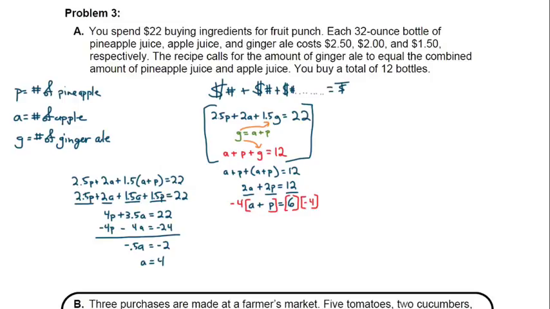If apple juice is 4, 4 plus P equals 6. Well, the pineapple juice must equal 2. And if G equals A plus P, well, G equals apple, which is 4, plus pineapple, which is 2. So G must equal 6.